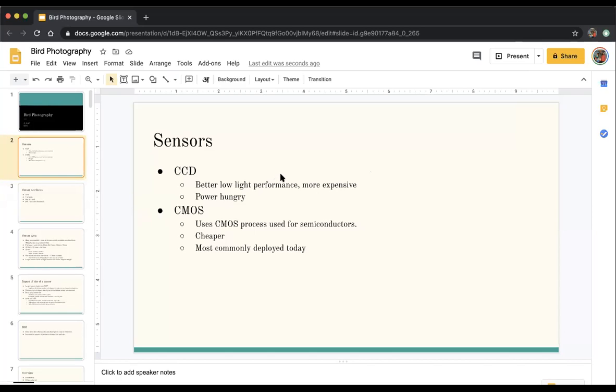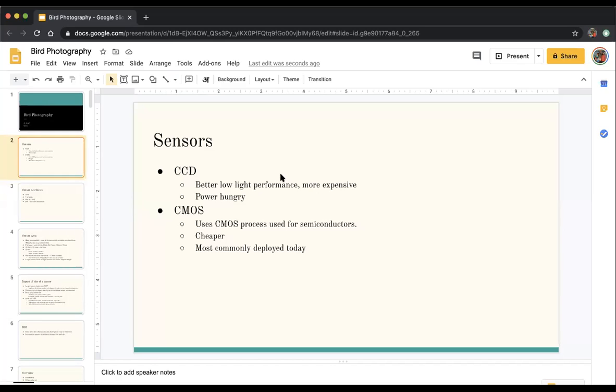But I just wanted to give a little bit of an intro to sensors, and then we'll go into a section on photography for birds or some amount of wildlife. But again, try a format, and hopefully you can keep it interactive. So let's start.